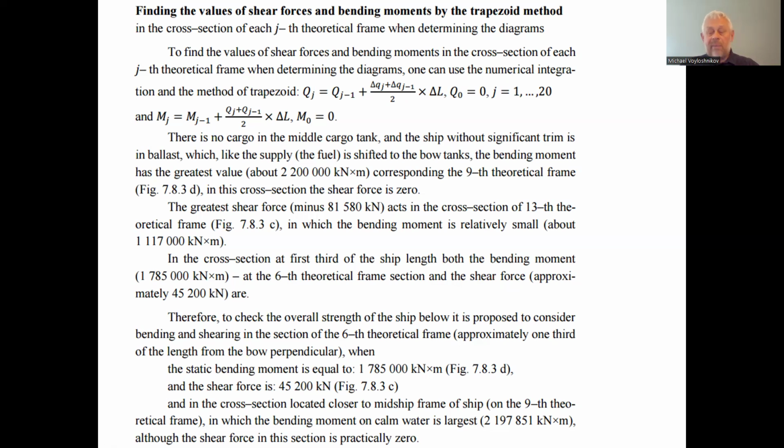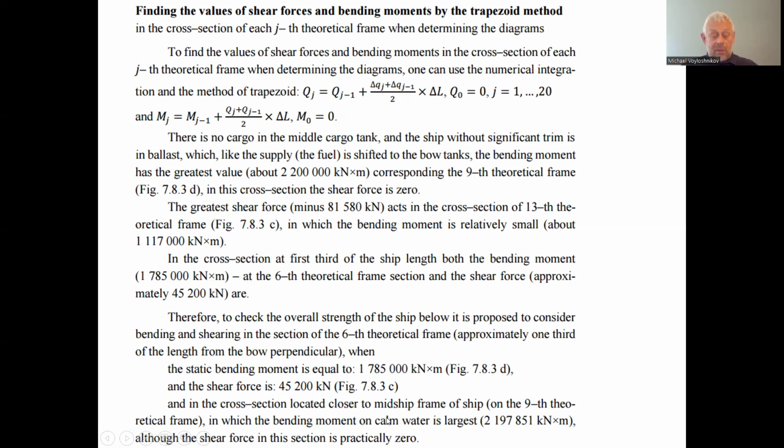Perhaps this cylindric insert goes from the 5th or 6th theoretical frame until the 15th theoretical frame. We expect that this transverse section is within the cylindric insert of the hull. It is the definite section of the 6th theoretical frame. We assume that the static bending moment is equal to 1,785,000 kilonewton by meter, and the shear force is 45,200 kilonewton.